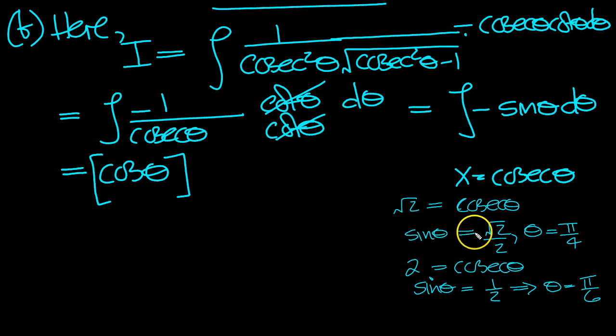Okay. Root 2, yeah, okay, pi over 6. So our bounds are between pi over 6 and pi over 4. The pi over 4 is the bottom bound, and pi over 6 is the top bound.